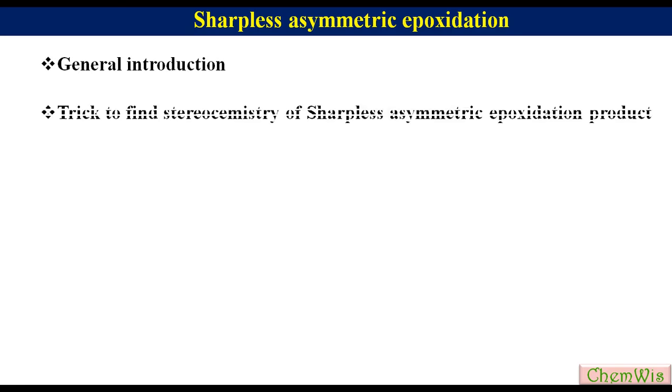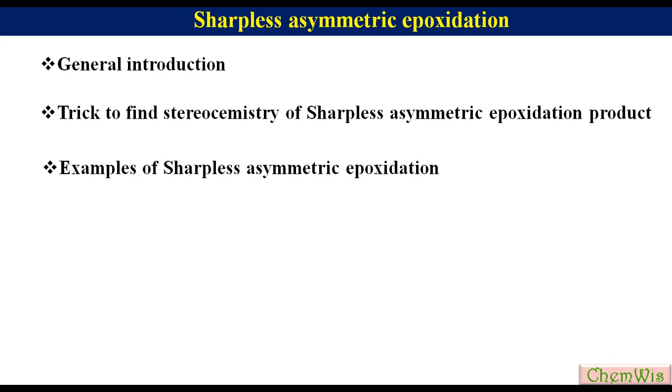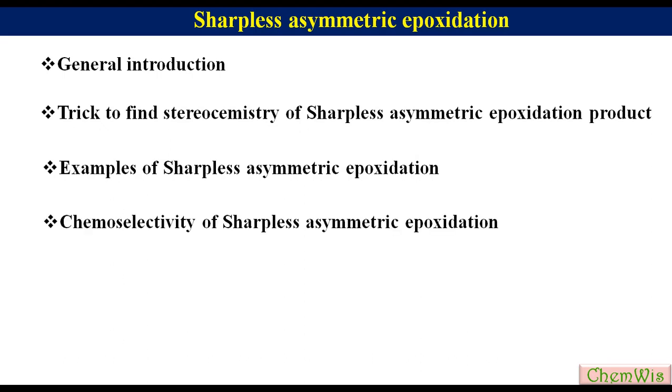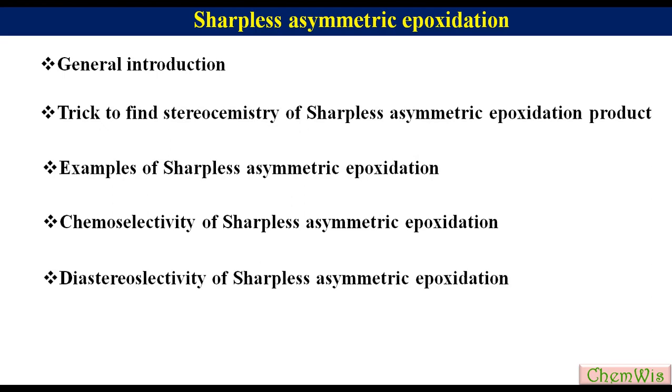In this, we will cover the following points: general introduction, trick to find stereochemistry of Sharpless Asymmetric Epoxidation product, examples of Sharpless Asymmetric Epoxidation, chemoselectivity of Sharpless Asymmetric Epoxidation, diastereoselectivity of Sharpless Asymmetric Epoxidation, and kinetic resolution of chiral allylic alcohols using Sharpless Asymmetric Epoxidation.